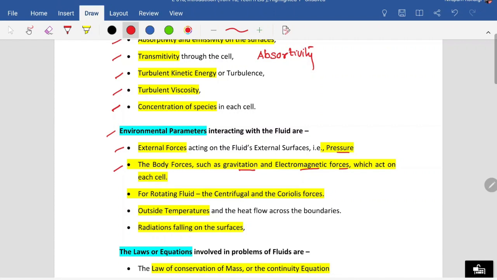Right? So if suppose there is some fluid going on, gravity is also acting on each cell. Then if your fluid is rotating, then you have to talk about centrifugal forces and Coriolis forces. And these forces come when you take a rotating frame of reference.